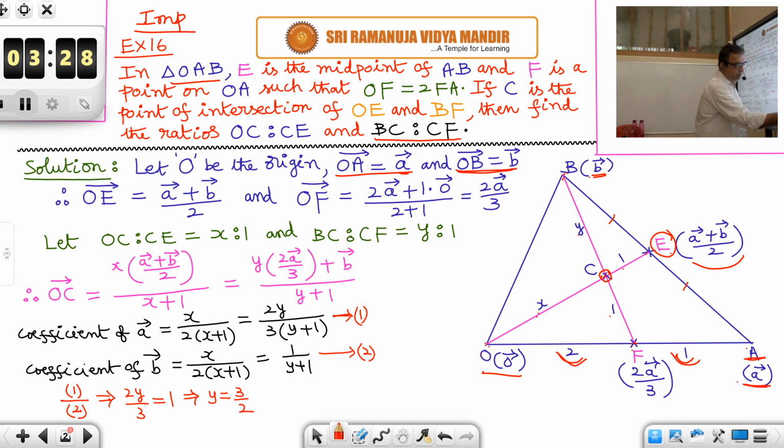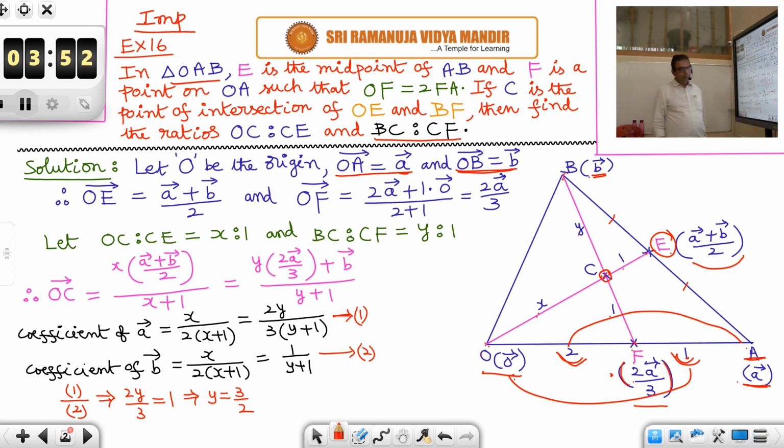Therefore, the position vector of F is obtained by 2 into a bar plus 1 into 0 bar, because this is origin, divided by 2 plus 1. That means 2 a bar by 3. So the position vector of F is 2a bar by 3.